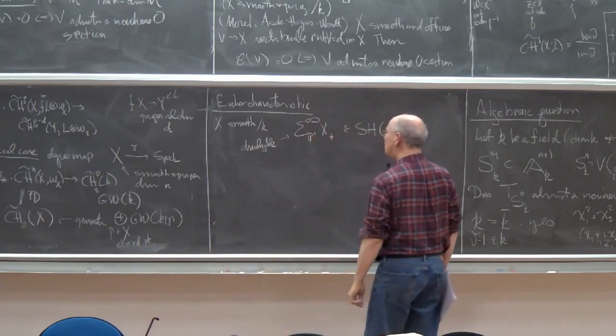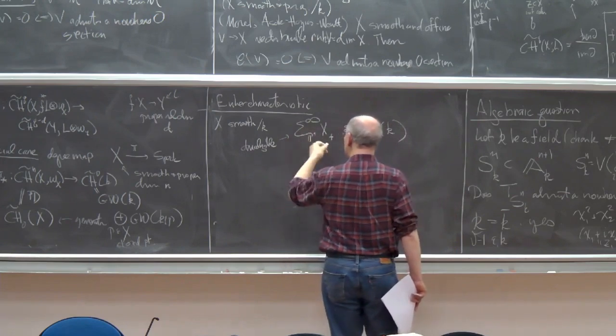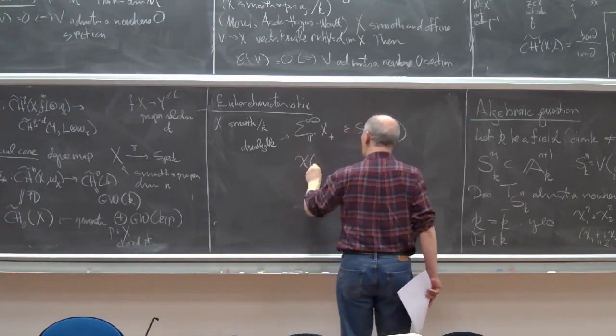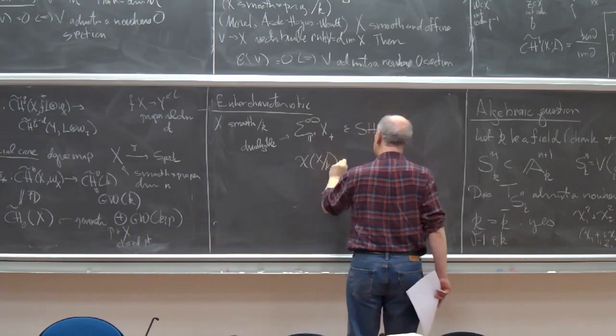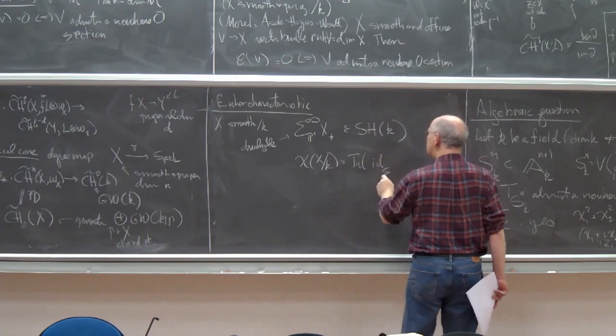And if you have a dualizable object, then you can take any endomorphism of it, and it has a trace, and the Euler characteristic here is defined to be the trace of the identity on this object.